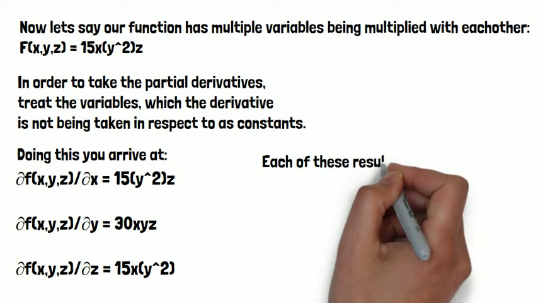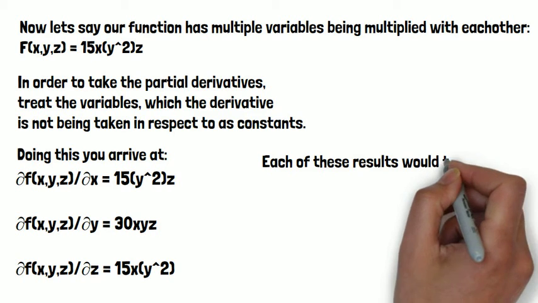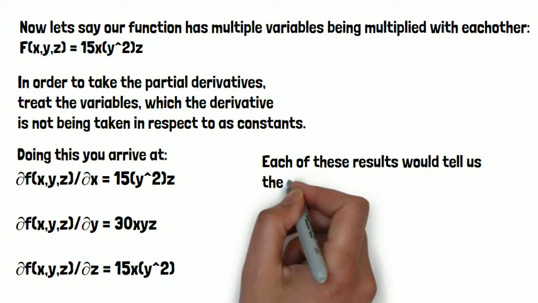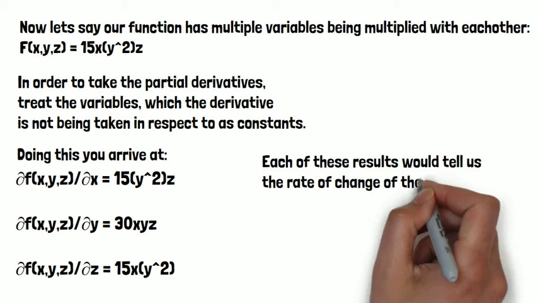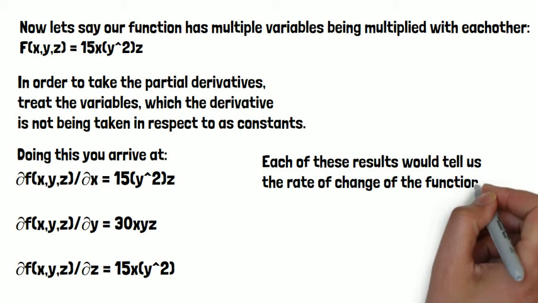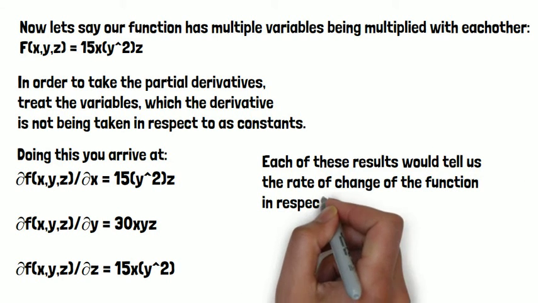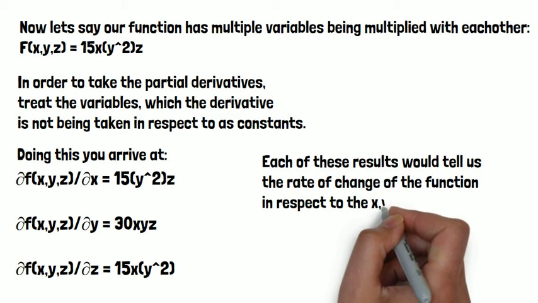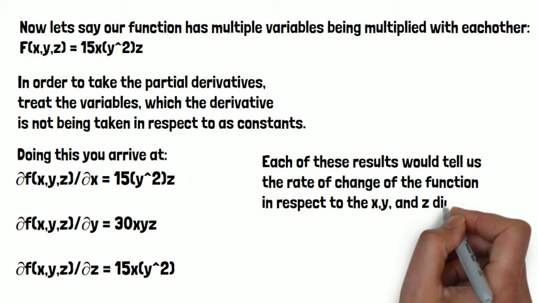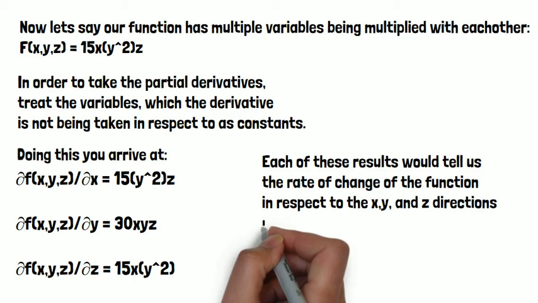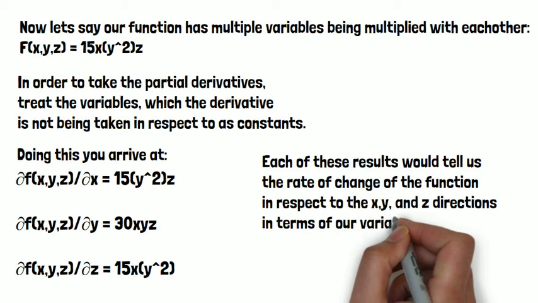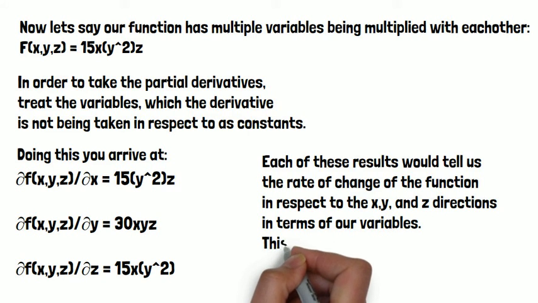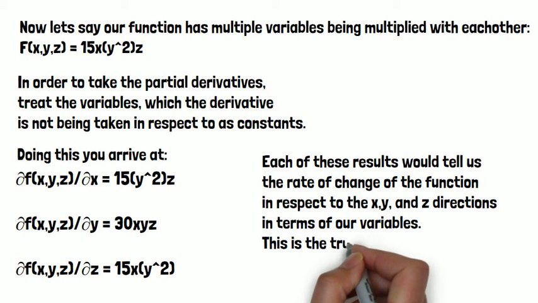Now when we take the derivative with respect to y, we just have 2y times the constant term, which is the whole 15xz, everything that's left over, and we get 30xyz. Same with the z, except we're just basically taking the z away since it's a first degree term. Each of these results shows us how fast the graph is changing in the direction of the components.